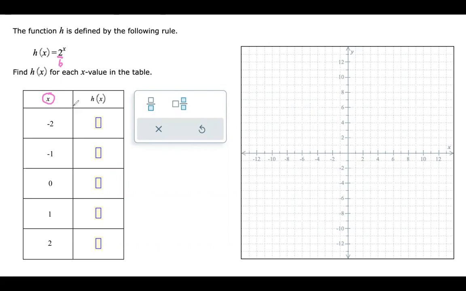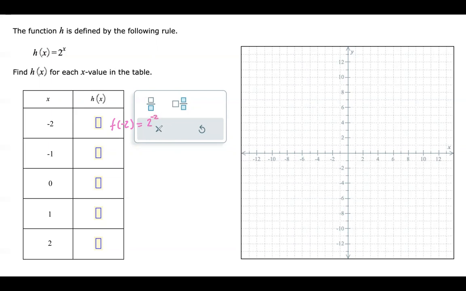So if we evaluate the function h with an input of -2, that means that this function is going to take a -2, and that -2 is going to end up as the exponent of the exponential. So that is going to make f of -2 equal to 2 raised to the power of -2.